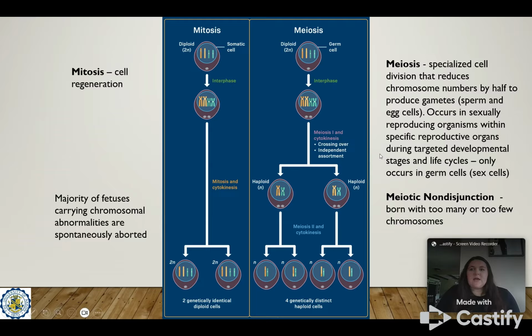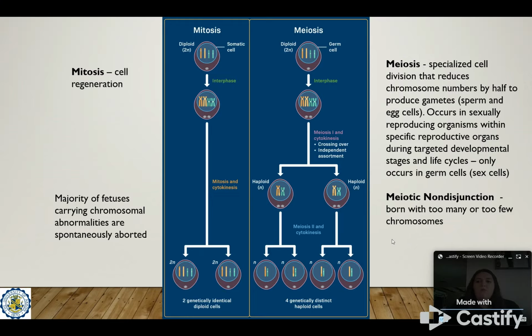Meiosis is a specialized cell division that reduces the number of chromosomes by splitting them in half. This is when sperm and egg cells are produced. When there is meiotic non-disjunction, this is when people are born with too many or too few chromosomes. And we're going to talk about those disorders as the chapter goes on.